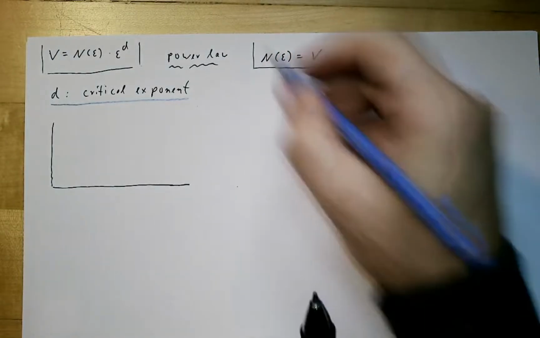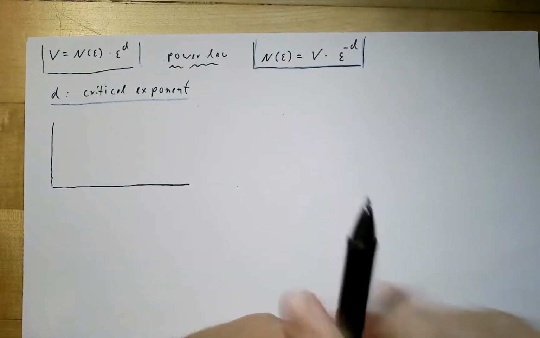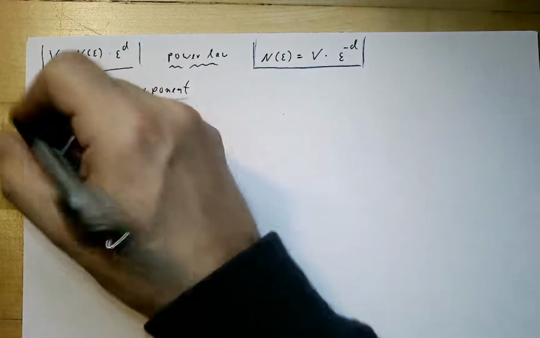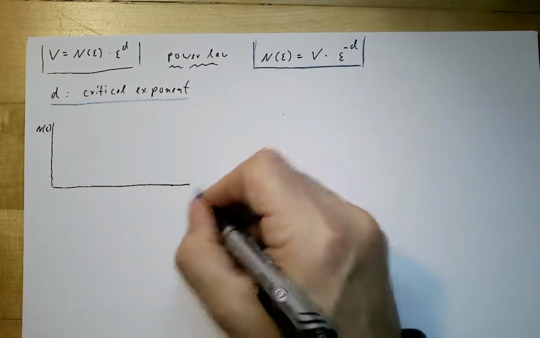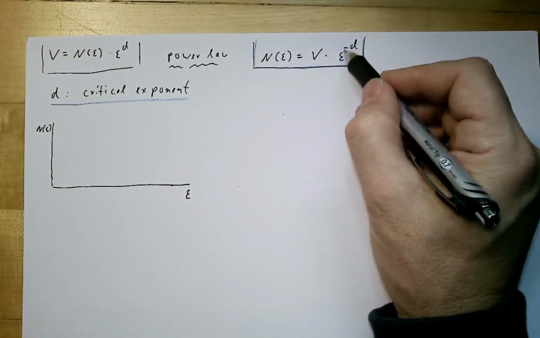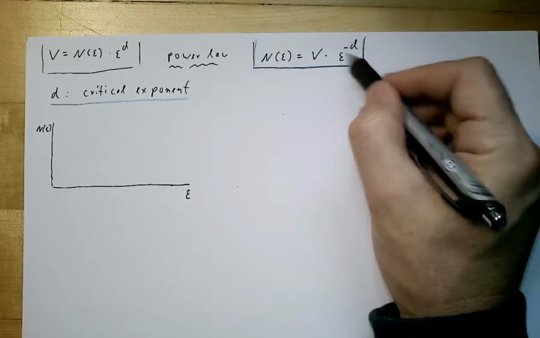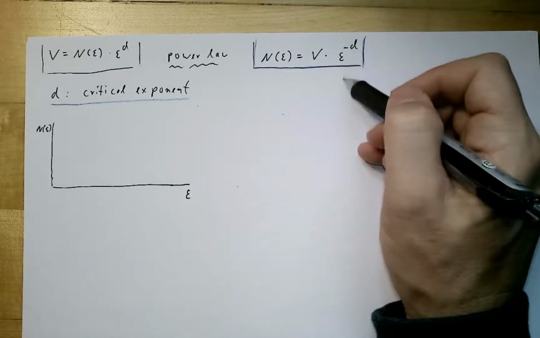Because this is now the power law in the form which actually interests us, because here we have our N of epsilon, and here we have our scale, and we see now we have a power law again in the usual form, with minus the critical exponent, which is negative.